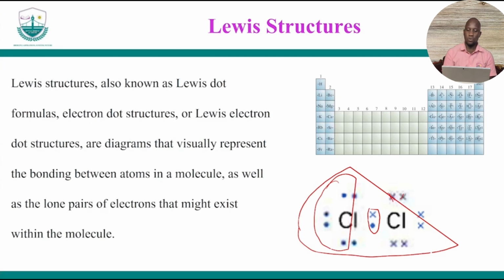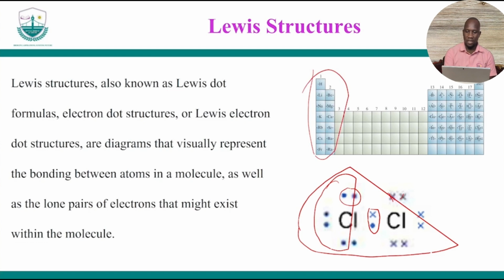Okay, you can also see that electrons exist in pairs. Okay, what we call lone pairs of electrons. That means that actually these electrons can be involved in different reactions. So in here, you can see the electrons that are available.